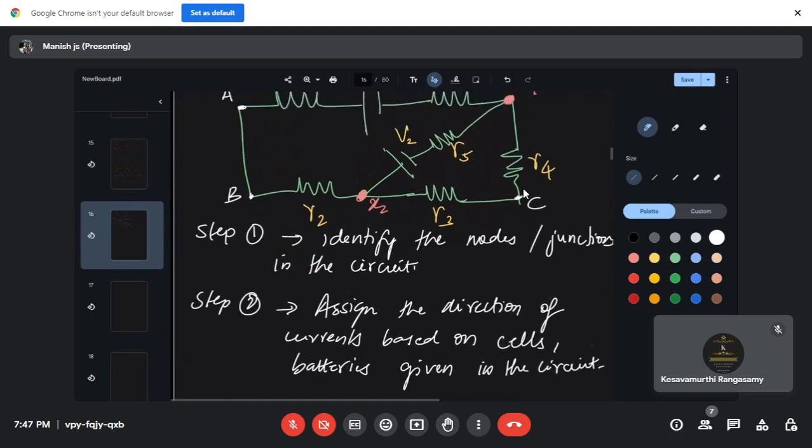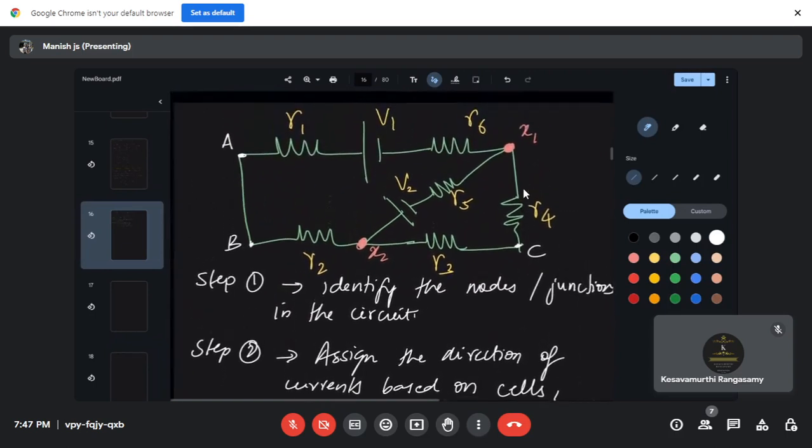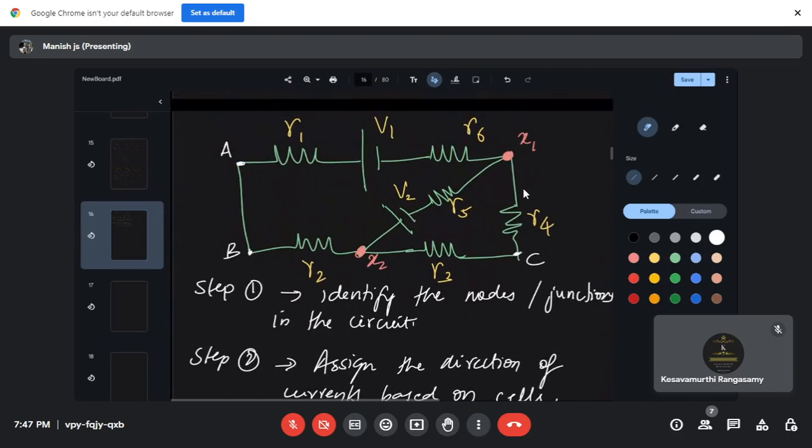Here, what do you understand? Based on the given cell or battery, you are going to assign the direction of currents in the circuit. Very important. This is step 2.